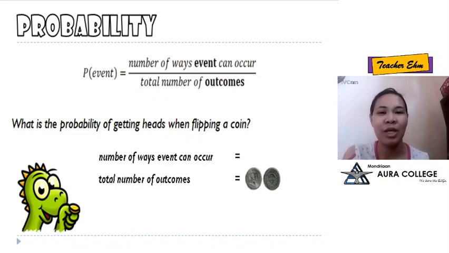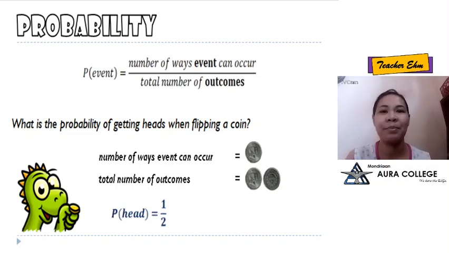Ilang beses pwedeng lumabas si head? So 1. Using the formula, substitute lang natin. So the probability of getting head is 1/2, or 0.5 or 50%. So, mayroon tayong equal chances na pwedeng mangyari or hindi pwedeng mangyari.